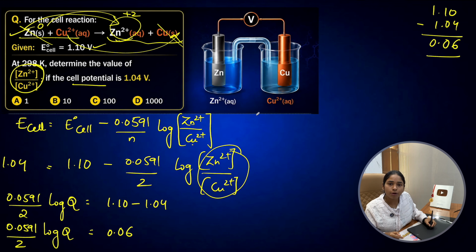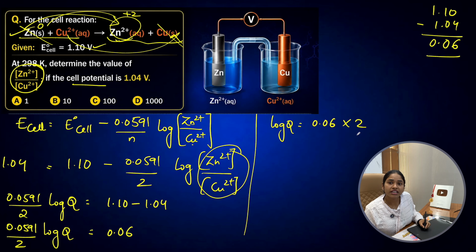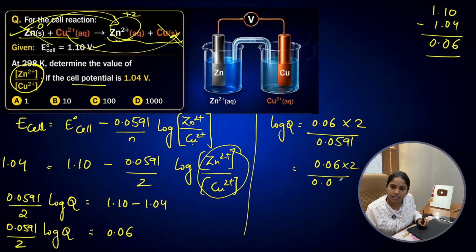Now I will keep log Q on this side, and move all the remaining terms to the other side. So I will get 0.06 into 2 divided by 0.0591. Can I round off 0.0591 as 0.06? Yeah, 0.06 will cancel.